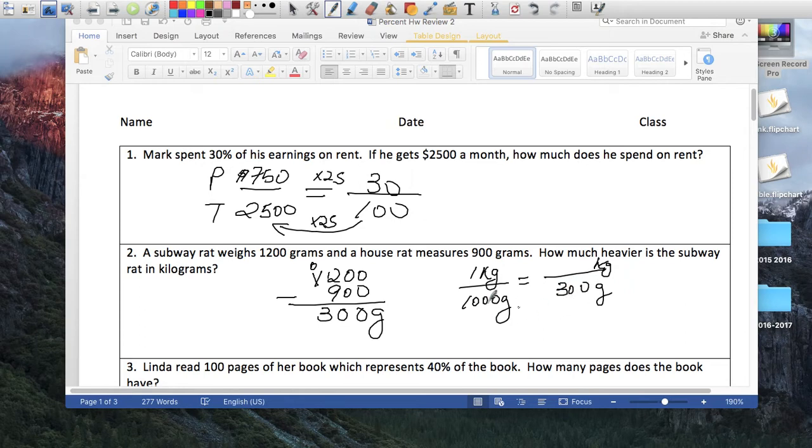Side to side, nothing, but up and down: how does 1,000 become 1? Let's divide by 1,000. And on this side, you're going to do the same and divide 300 by 1,000. Remember what that means? A shortcut is you can just know that 300 has a decimal right here, and you move that three places to the left, which makes that 0.3 kilograms.